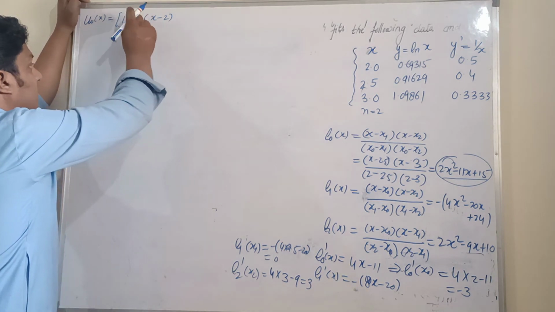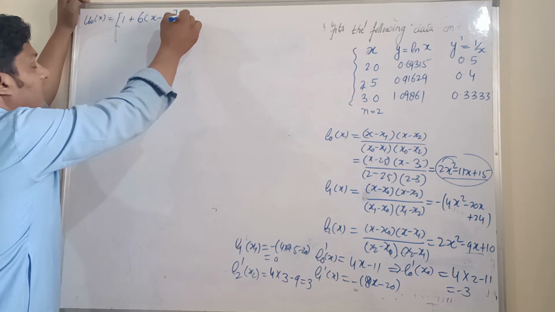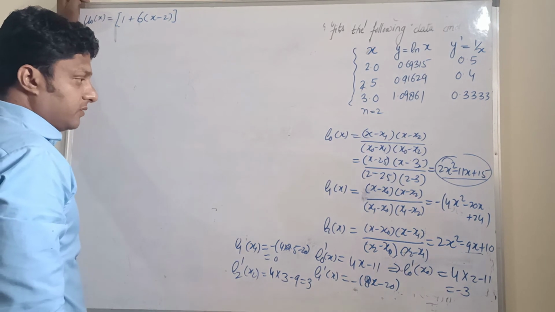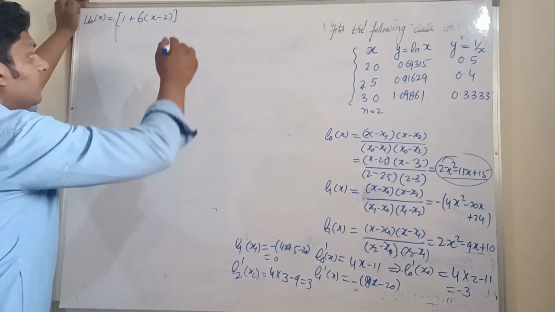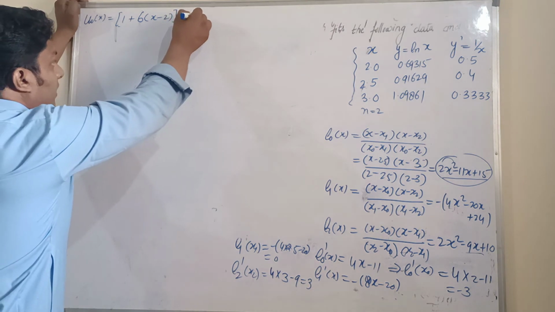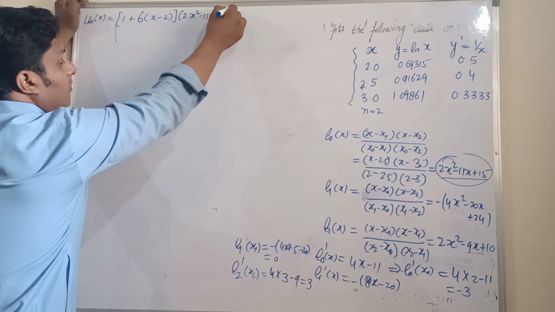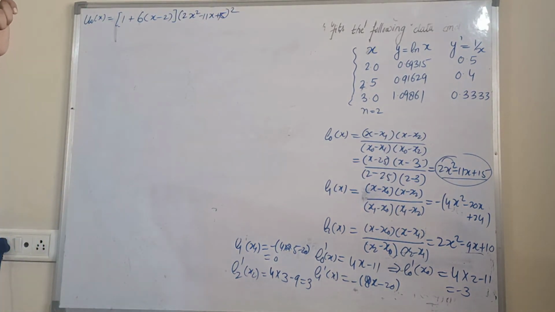That is minus minus plus, and it will be 6. And then L0(x) squared. So what about L0(x)? L0(x) will be (2x² − 11x + 5) squared, and so (2x² − 11x + 15) squared is our L0(x) squared.